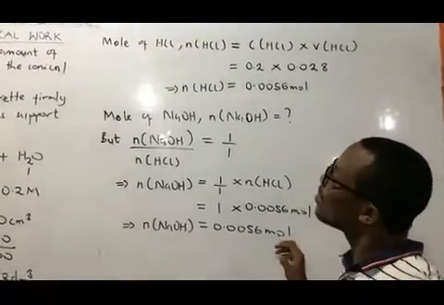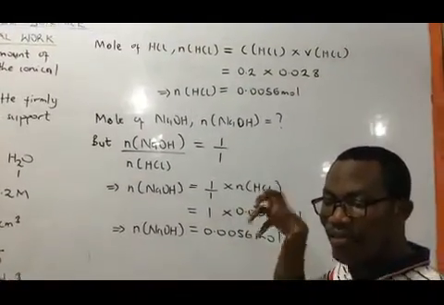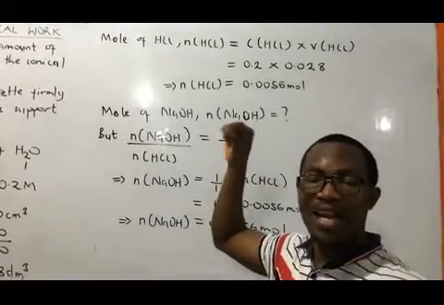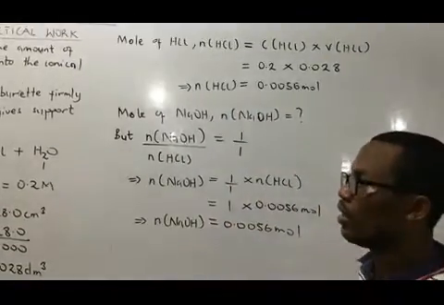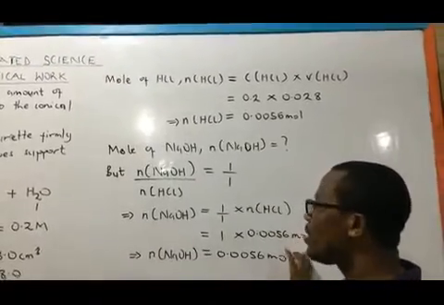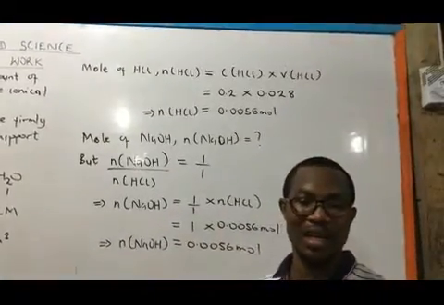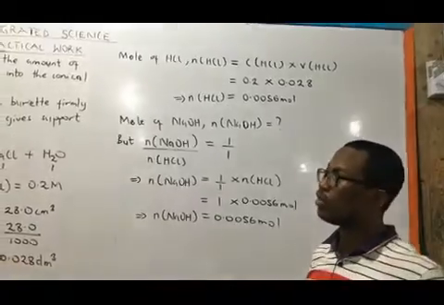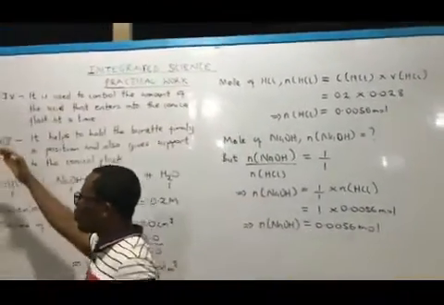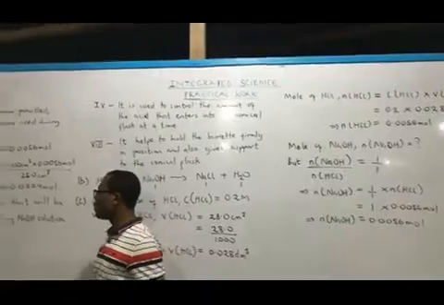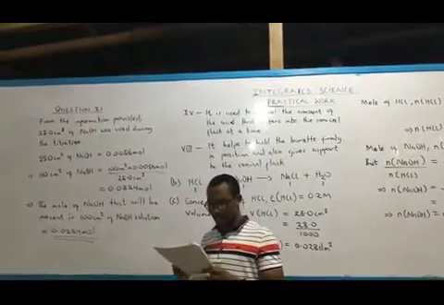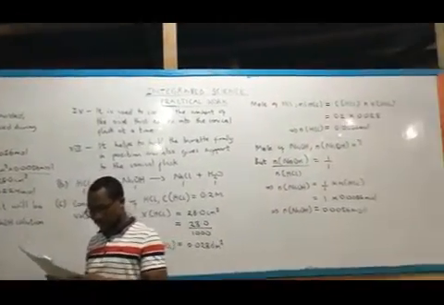But because it is stating a volume which is different from the volume used in the titration, proportion has to come in, because the mole you are calculating is the one present in the volume used in titration. So using proportion, as we've done here, you obtain the mole in the 100 cm³ of the solution.